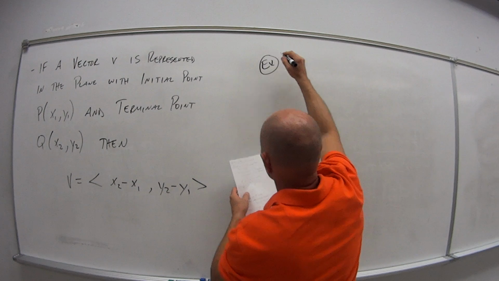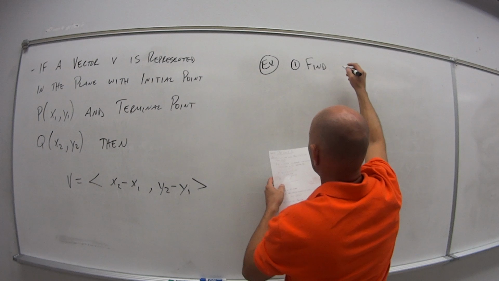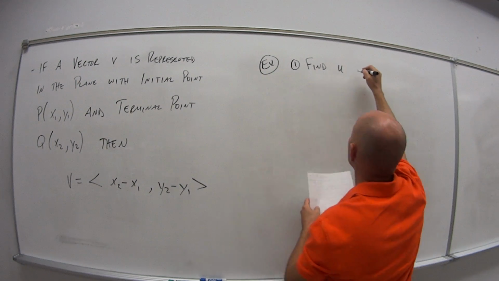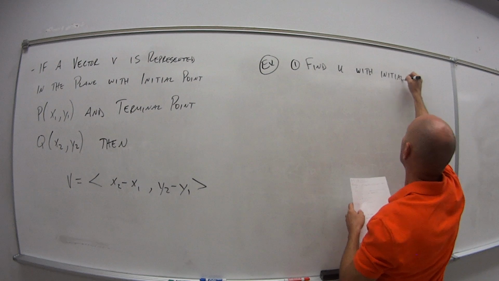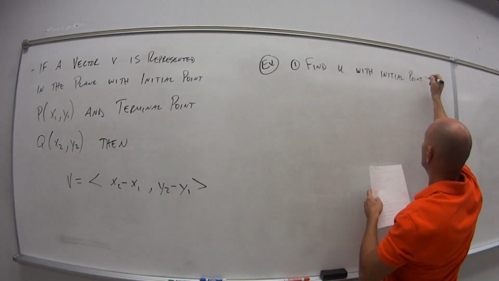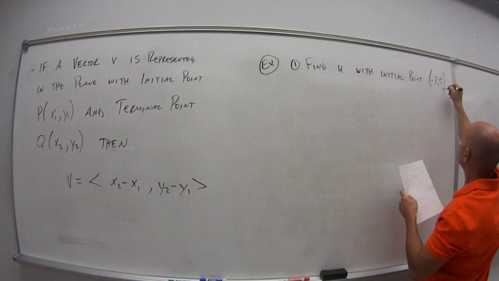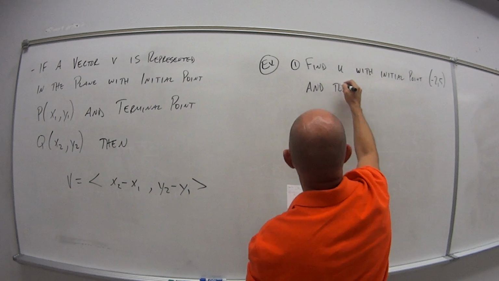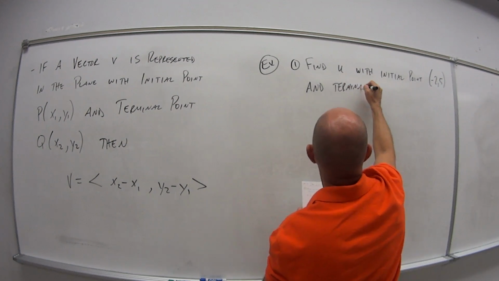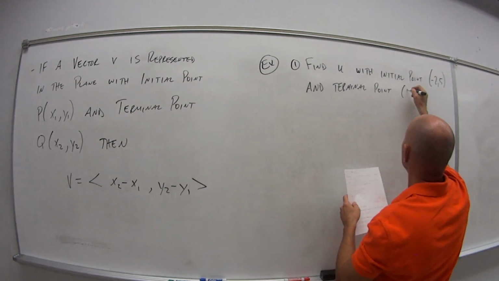So we have the following. We want to first find u, my vector u, with initial point (-2, 5) and terminal point (3, 7).